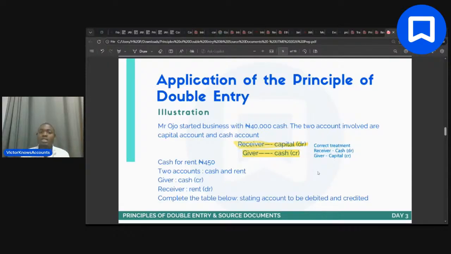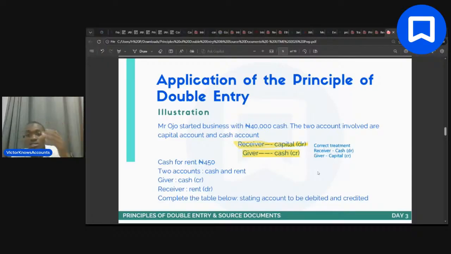Now, the cash is representing the business because cash is a business account. But capital stands for Mr. Ojo. Since Mr. Ojo is the owner of the business, you cannot set up an account for him and say Mr. Ojo's account. So capital is the way you recognize the owner of the business. Is that fine? So since the owner of the business is the giver, you have to credit his account. So that's why you credit the capital account.